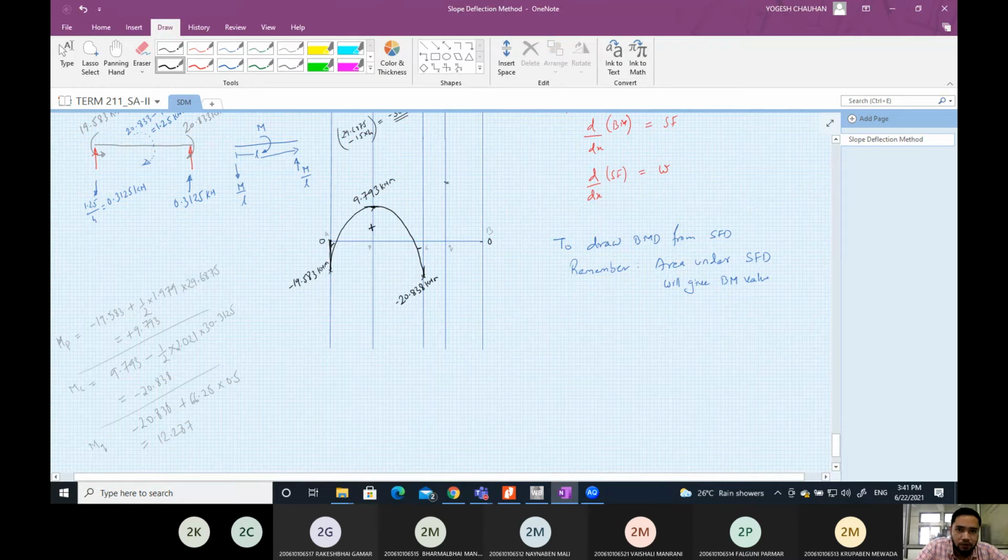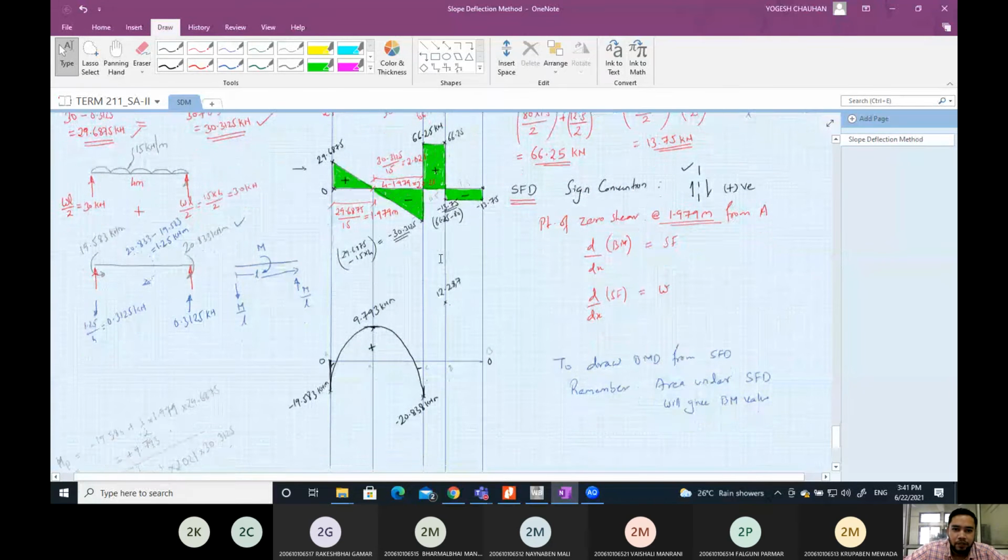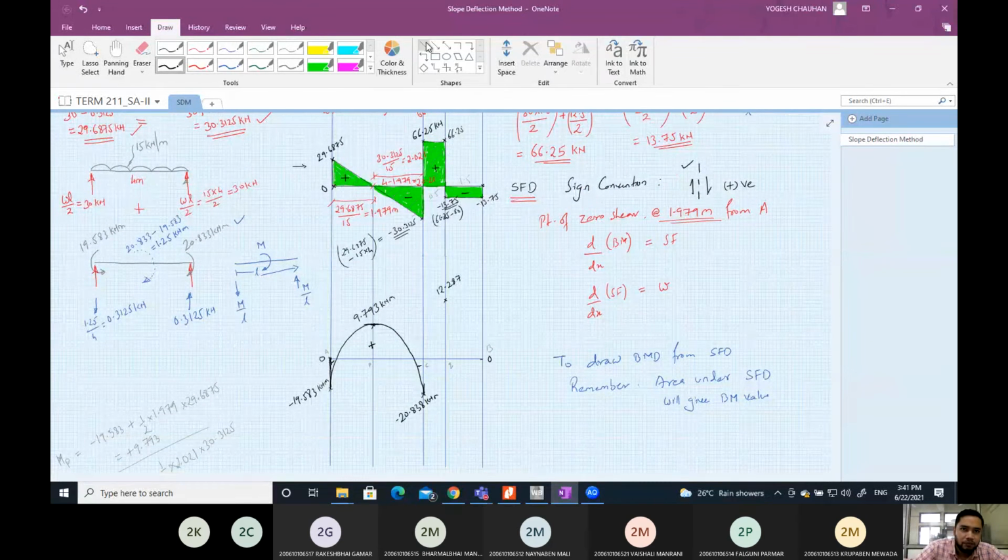So here it will be 12.287. Okay. Now here there is a point load, so the variation will be a linear one. So from here to here the bending moment diagram will be linear value.